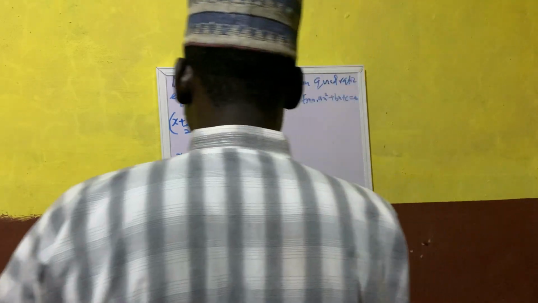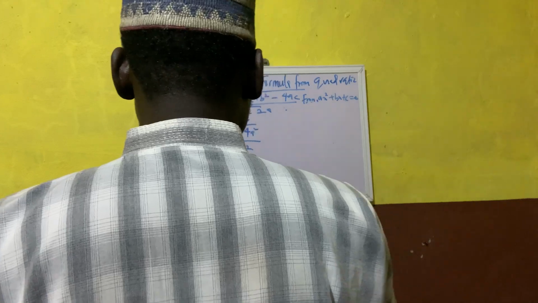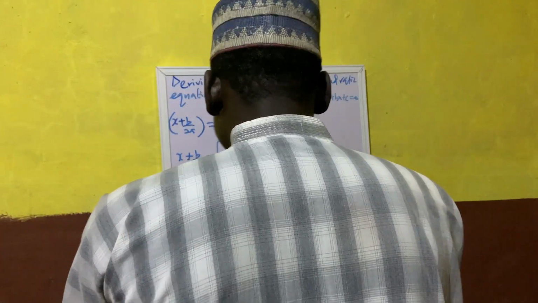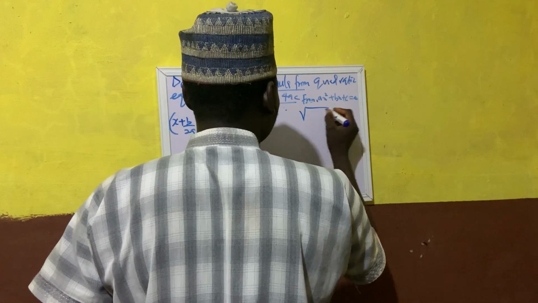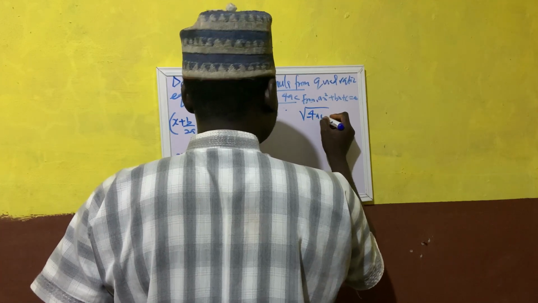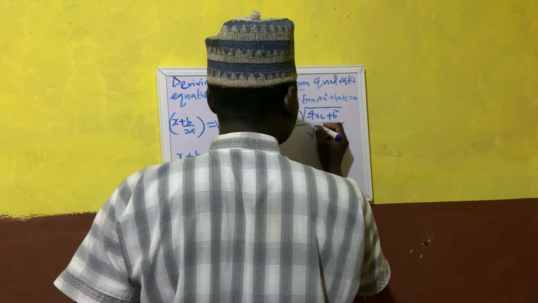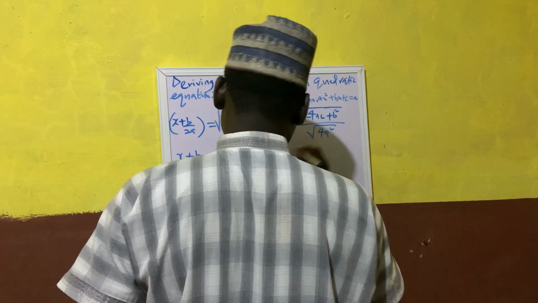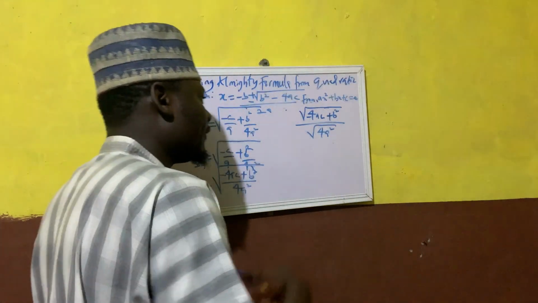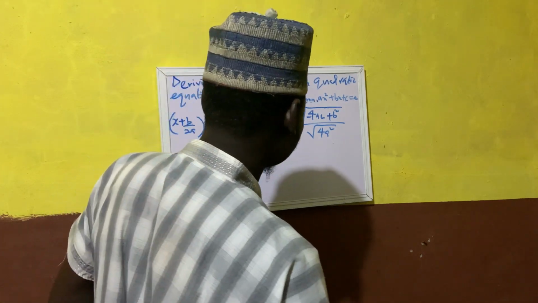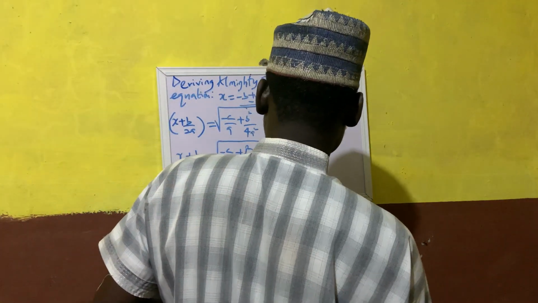Now that we have gotten to this place, looking at the square root, we have the square root of minus 4ac plus b squared upon the square root of 4a squared. What is the square root of 4a squared? That is 2a, isn't it? Yes, you'll be having 2a.